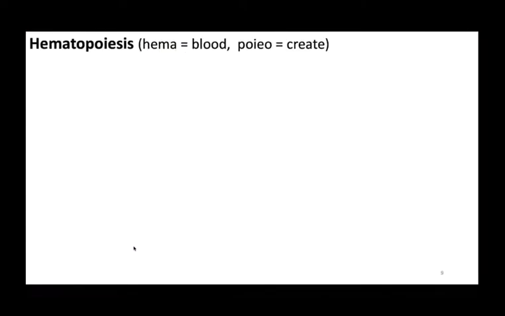Okay, so hematopoiesis. If we were in class together, I would make you say it with me. So hema means blood, and poieo is Greek for make or create. And you have the ato as a joining, to join the two together. So hematopoiesis is the process of creating blood.